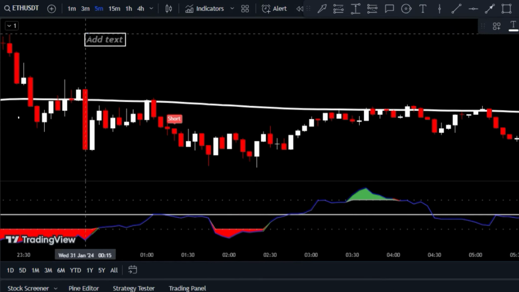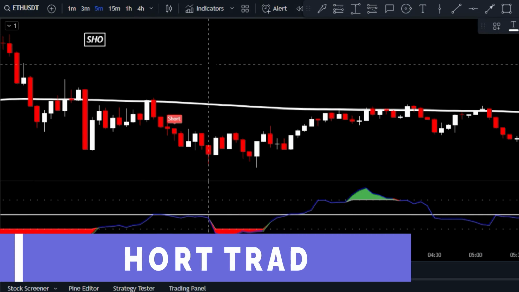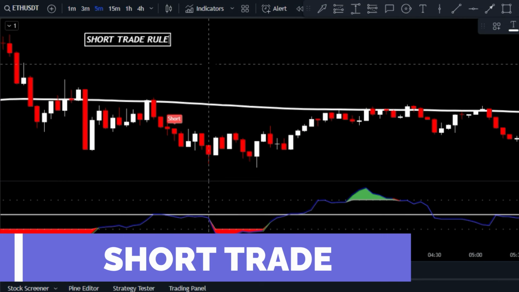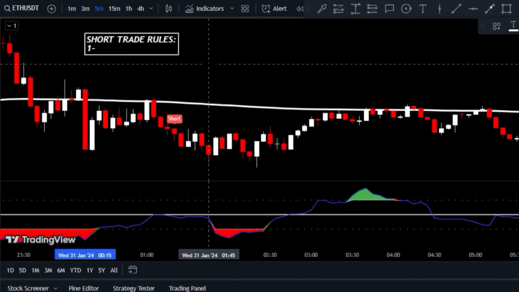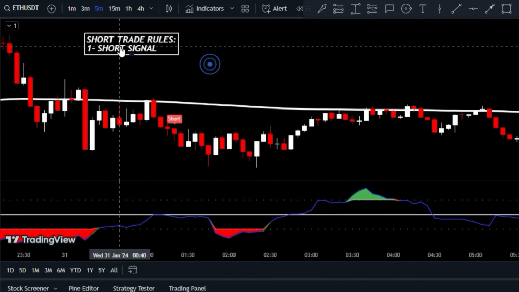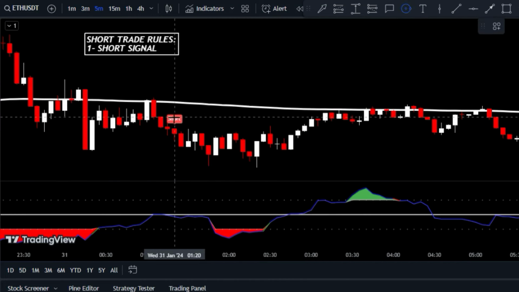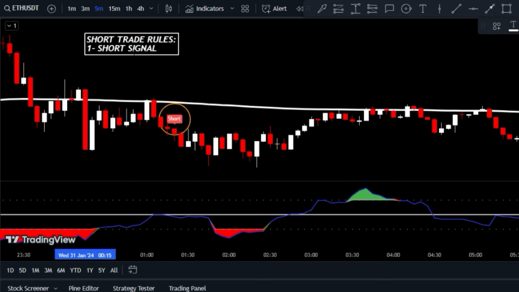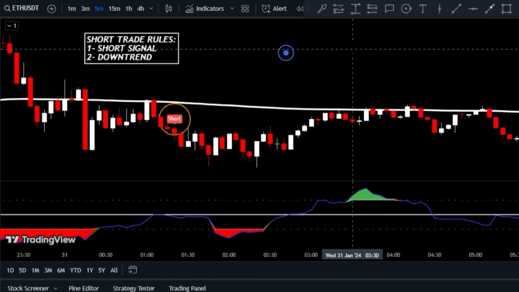And to initiate a short trade, you first need to look for a short signal from the EMA 200 filtered parabolic SAR indicator. Following this, it's crucial to verify that the trend is downward, which means the price is below the 200 moving average.